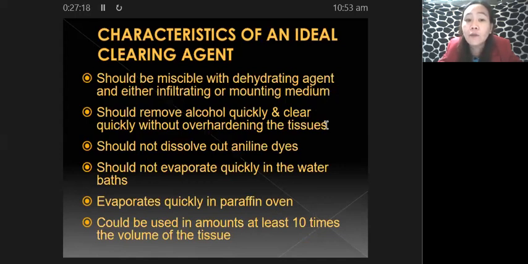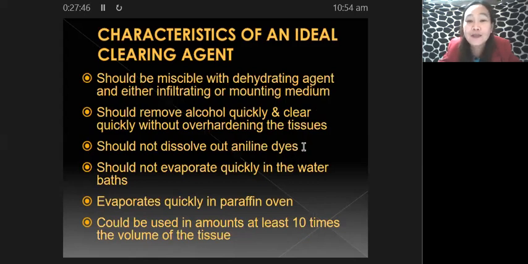Another, it should remove alcohol quickly and clear quickly without over hardening your tissues. Apart from that, it should not dissolve out your aniline dyes. When we say aniline dyes, it refers to the synthetic dyes that we oftentimes use during staining.